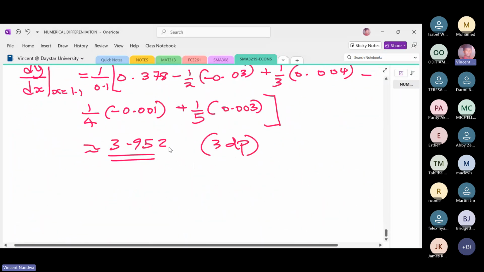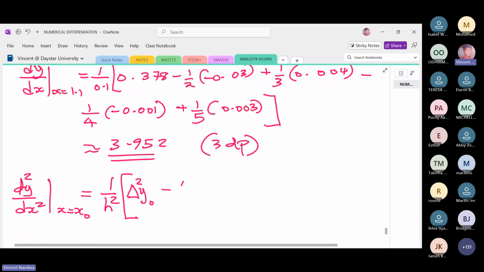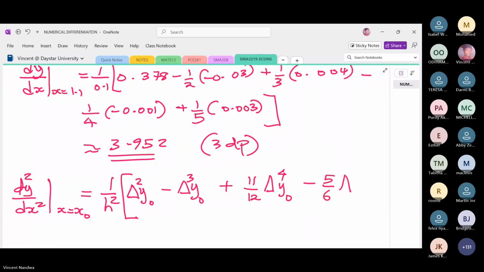So the second derivative of y with respect to x at x equals x naught, you recall we said the formula is 1/h² into the second forward difference of y naught minus the third forward difference of y naught plus 11/12 of the fourth forward difference of y naught, then minus 5/6 of the fifth forward difference of y naught, then plus other several terms.